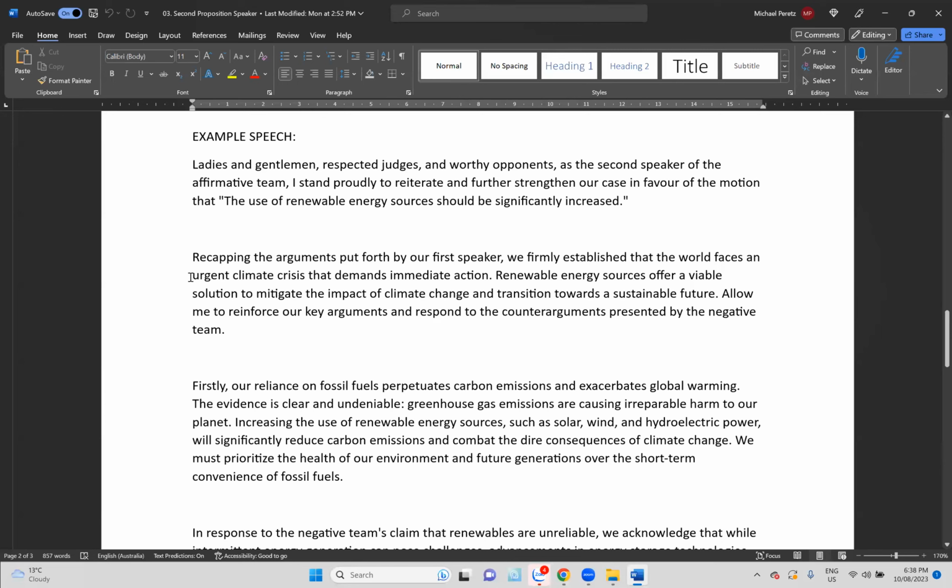We need to deal with this now. Renewable energy sources offer a viable solution to mitigate the impact of climate change and transition towards a sustainable future. So here we are again reminding everybody that renewable energy is the solution to our problems.